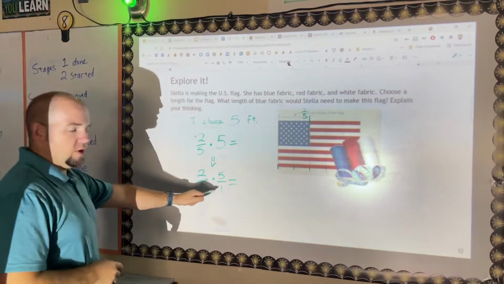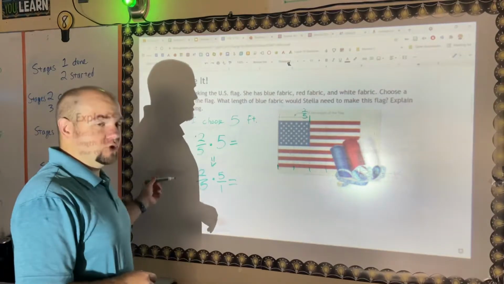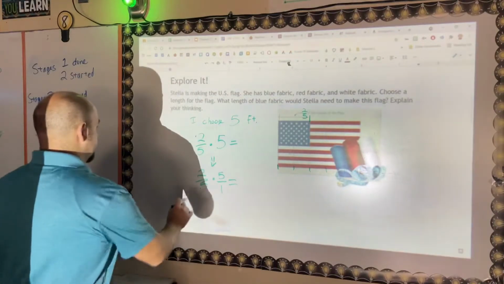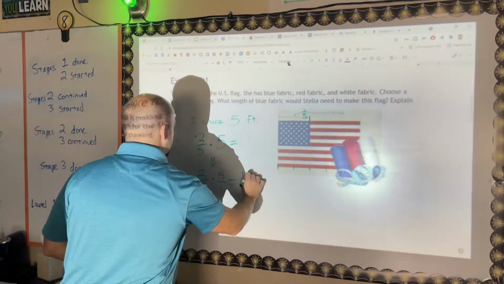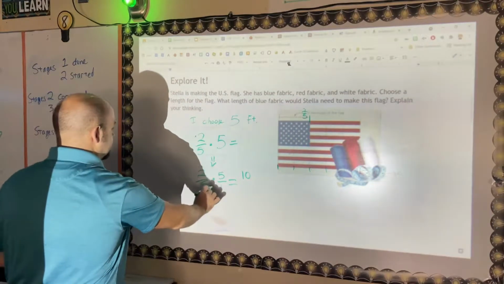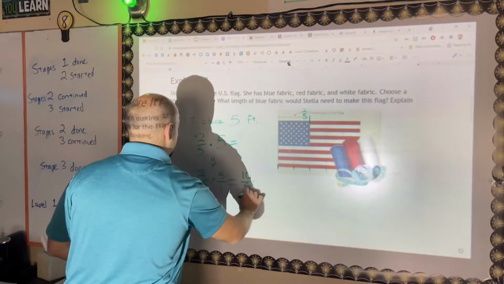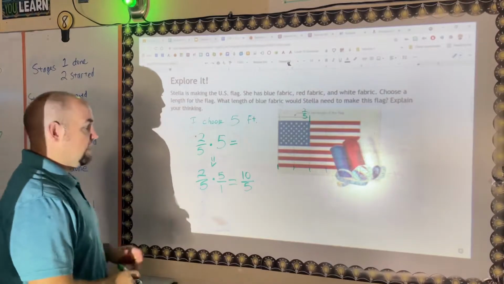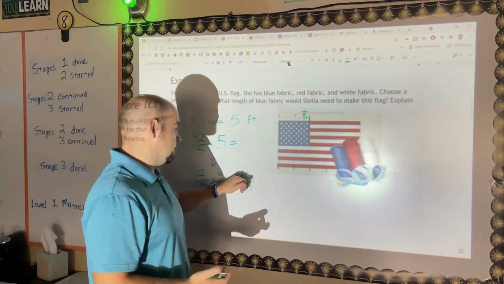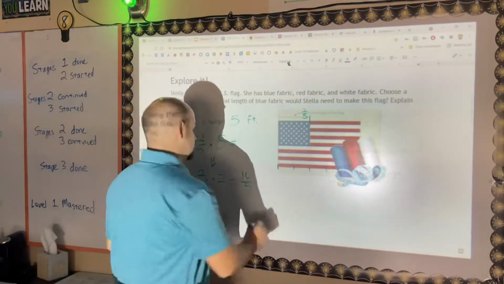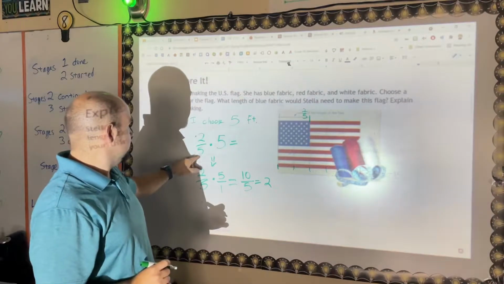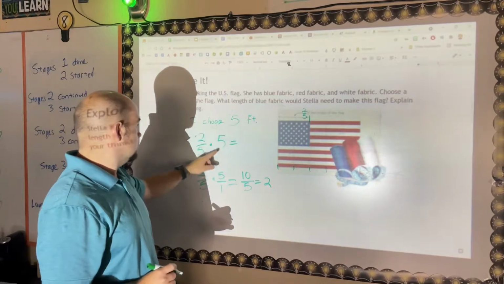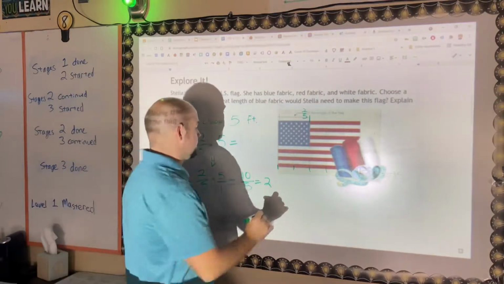So to multiply fractions, reminder is you just multiply across. If I've got 2 times a 5, we got 10. And then 5 times a 1, we got 5. And then this is just a regular division problem. 10 divided by 5 equals 2. So 2/5 of 5 feet equals 2 feet.